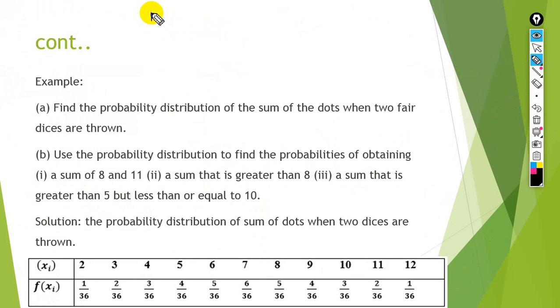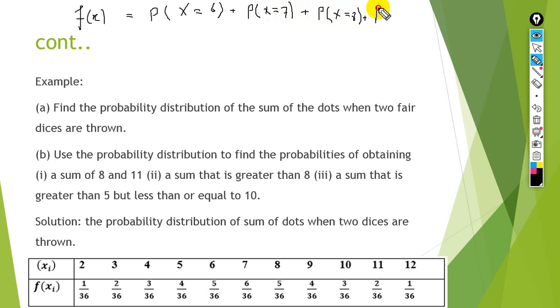F of x is equal to probability of x is equal to 6, plus probability of x is equal to 7, plus probability of x is equal to 8, plus probability of x is equal to 9, plus probability of x is equal to 10.